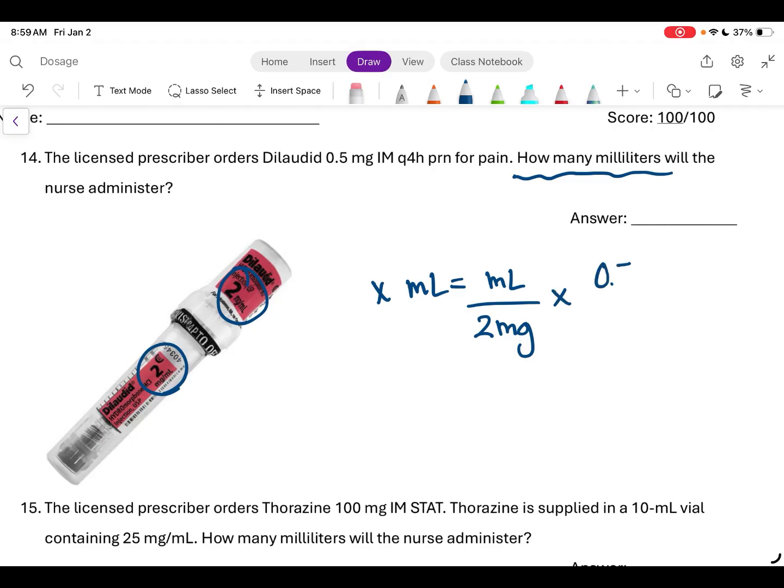Our order is only to give 0.5 milligrams. So 0.5 divided by 2 is 0.25. I didn't tell you to round, so just leave it at 0.25.